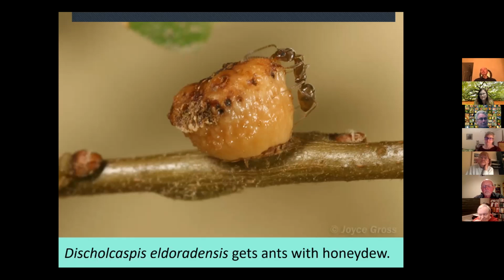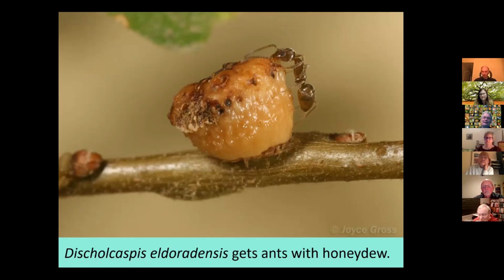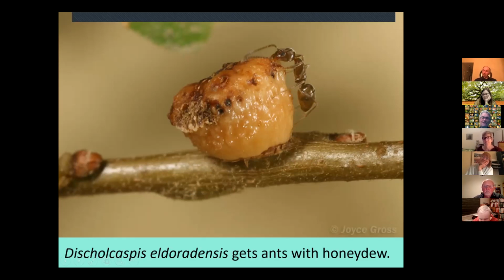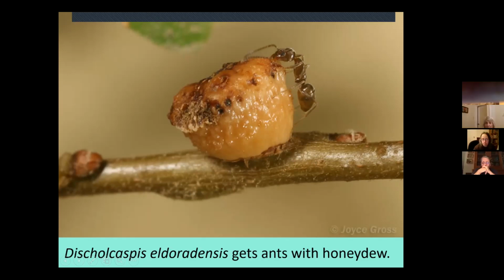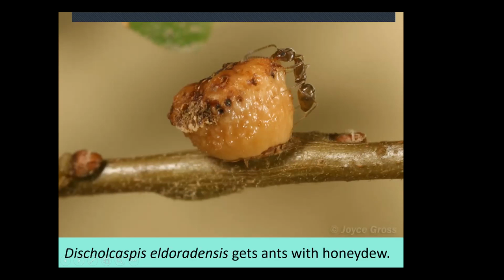It's liquid because the aphid takes in a lot of liquid in drinking the plant juices, and it puts out a lot of liquid and a lot of sugars. So the ants will actually feed on aphid feces, which are called honeydew, but this stuff mimics aphid honeydew. So this is the Disholcaspis eldoradensis, and it recruits ants. And we're going to watch that in this upcoming video.